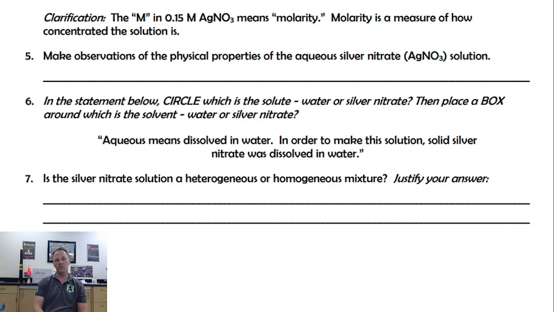So, which one is the solvent? The distilled water or the silver nitrate powder? The water, right? The water is the solvent. So if the water is the solvent, which one is the solute?